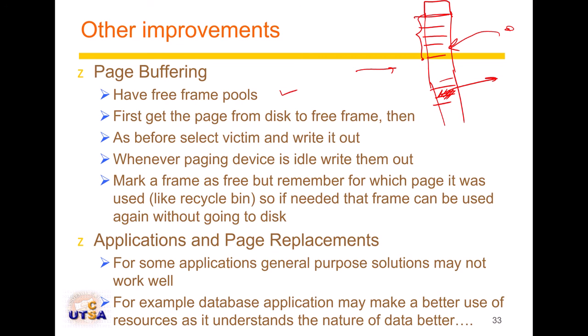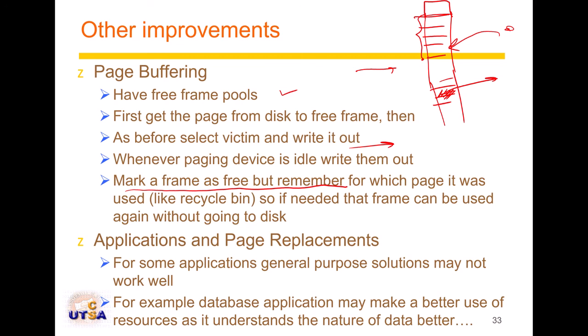Okay. And again, as we mentioned before, when we are swapping out a frame, if it has been changed, it is a good idea to only write those frames back. Another improvement is that we can mark some frames as free, but instead of kicking them out and clearing their content, we just keep it.